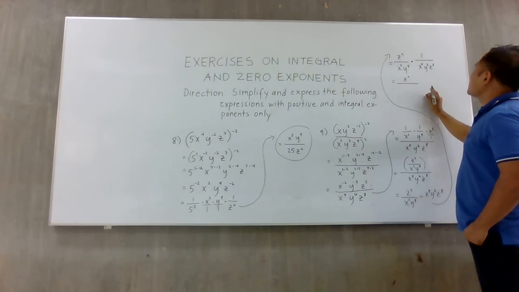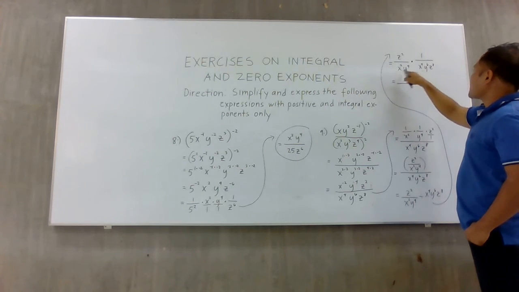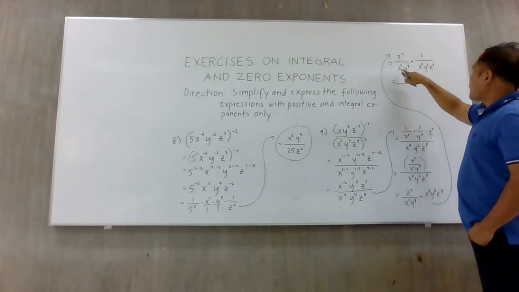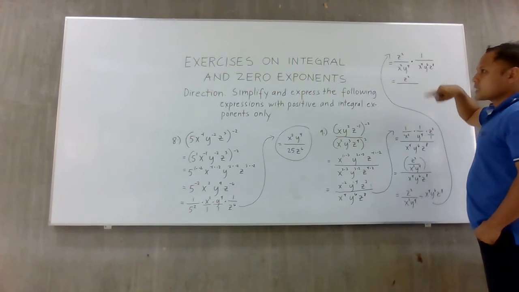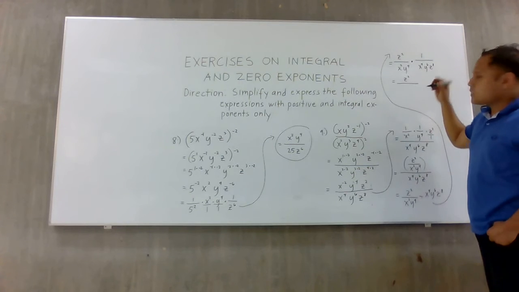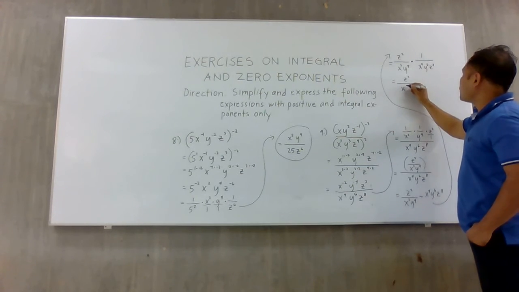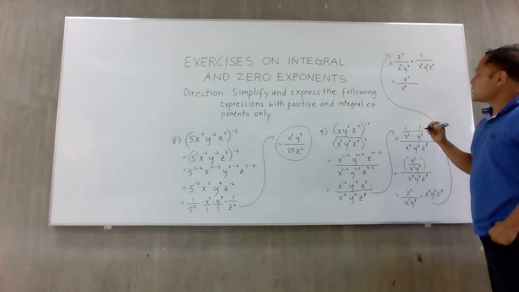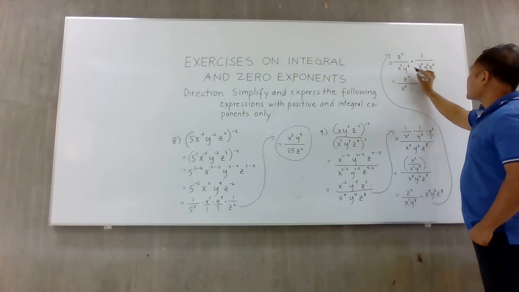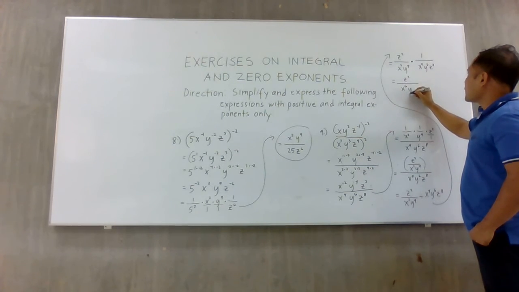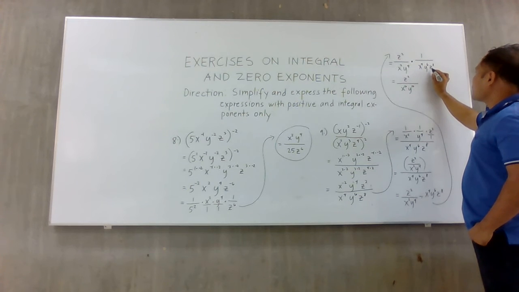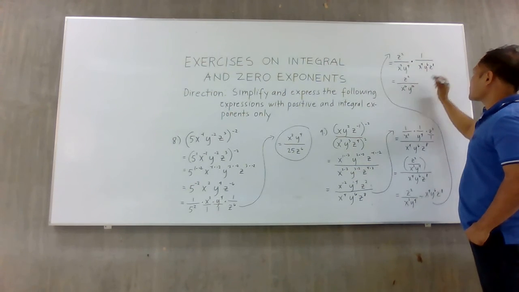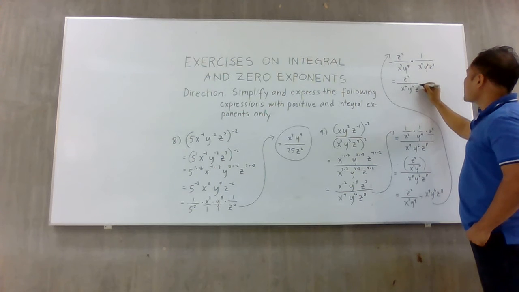Let us multiply directly. x squared times x to the power of 4, that is x with exponent 2 plus 4, so we have x to the power of 6. y to the power of 4 times y to the power of 6, we add exponents, 4 plus 6, that is 10. And we have only one factor, z to the power of 8, so we just write z raised to the power of 8.